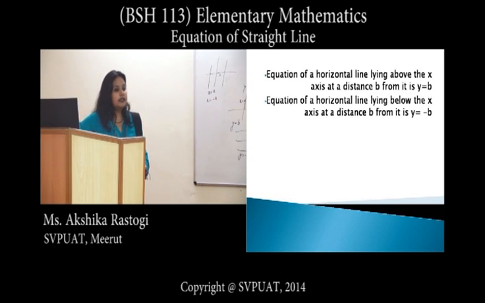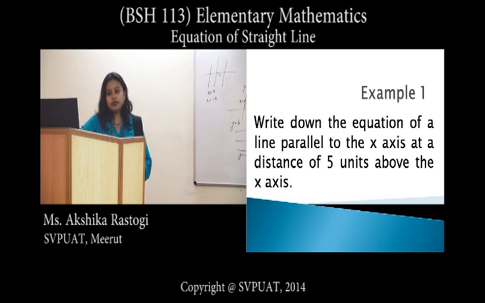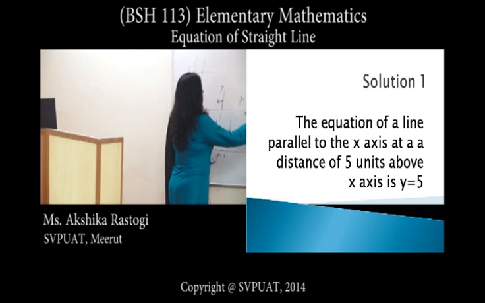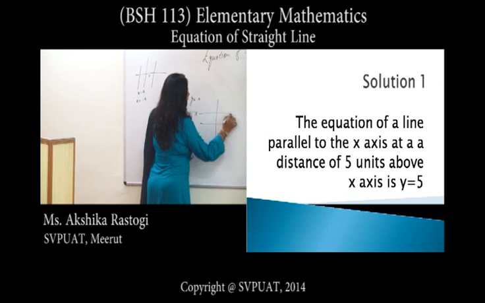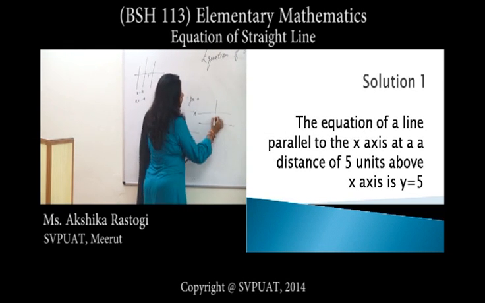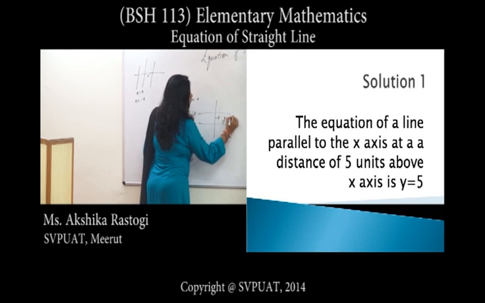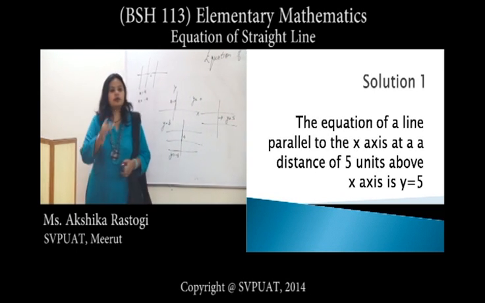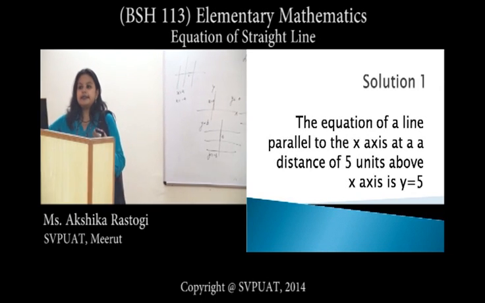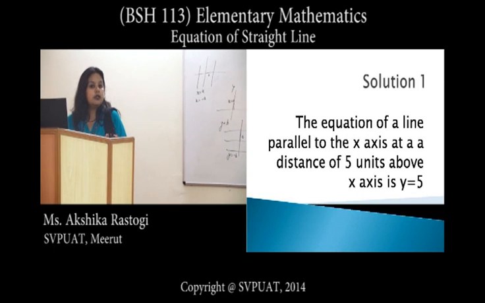Now we move toward the examples. Example number 1, we have to construct an equation that is parallel to the x-axis at a distance of 5 units. Parallel to the x-axis and it is above. So this equation will be y equals 5, because we have a line parallel to the x-axis and it is above the x-axis.